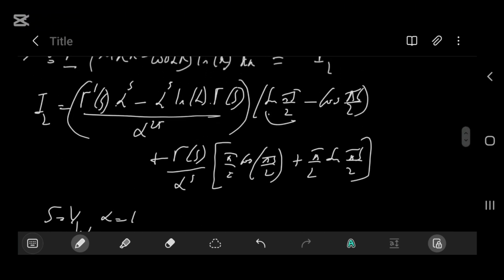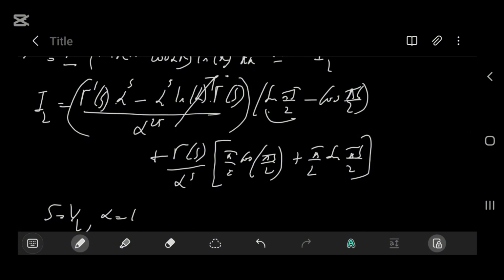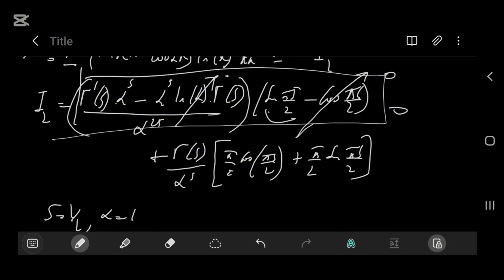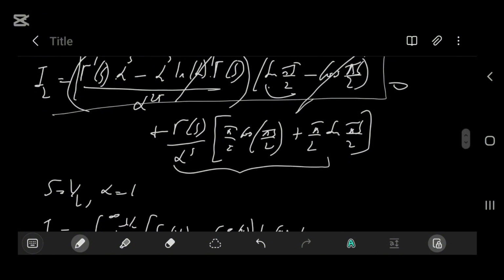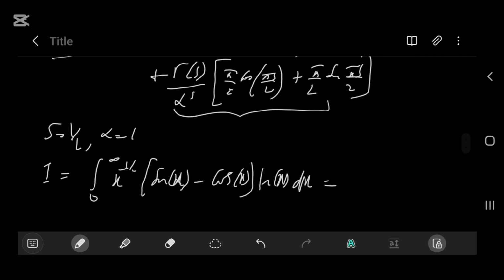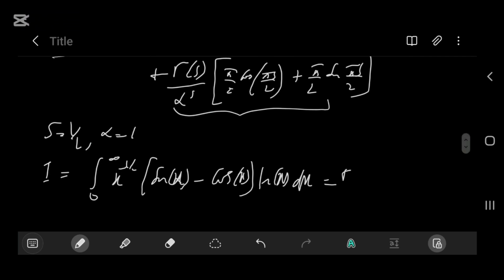When alpha equals 1 this term becomes 0, and when s equals half this term also becomes 0, so this whole part vanishes, and we are left with only the required part, which is gamma of half, this denominator is just 1, times pi by 2 cosine pi by 4 plus pi by 2 times sine pi by 4.